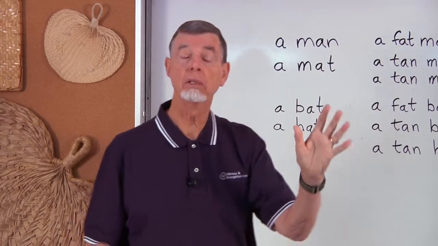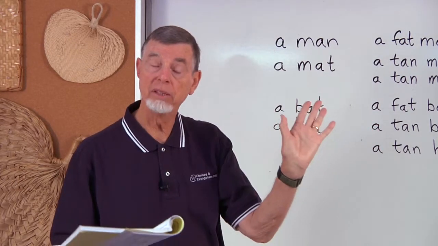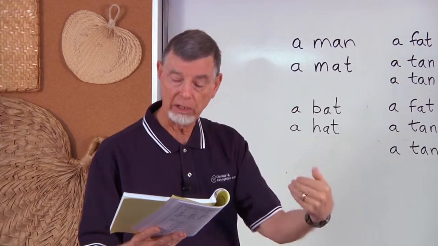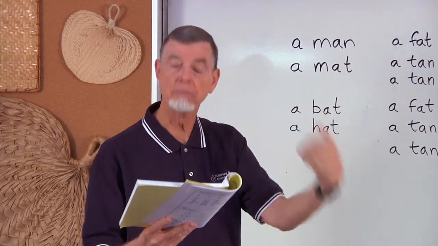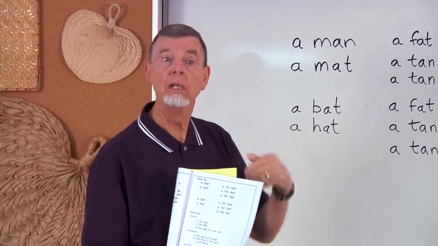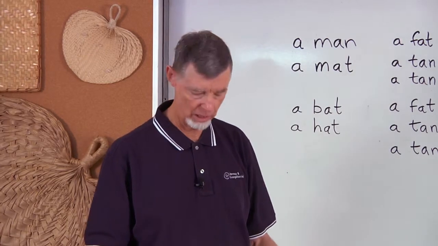So you don't stress the verb form and the indefinite article. You would stress the object. A tan man has a mat. A fat man holds a true friend. So help work them with the rhythm and cadence of that.